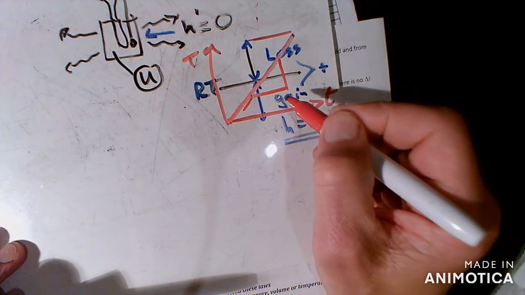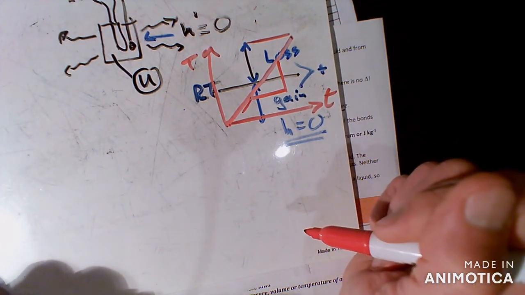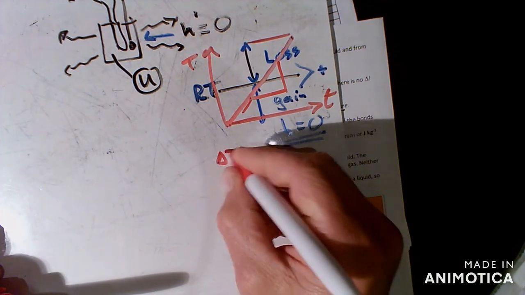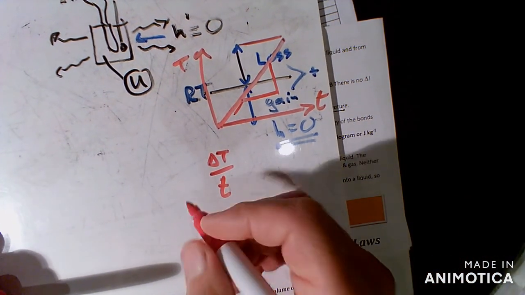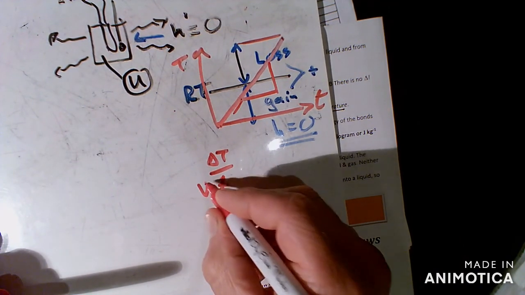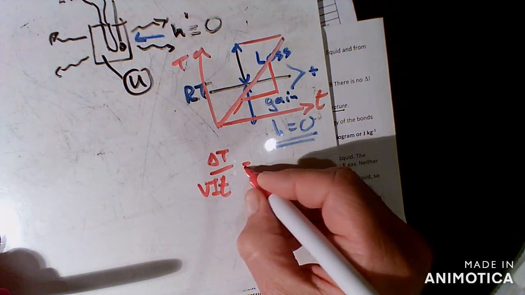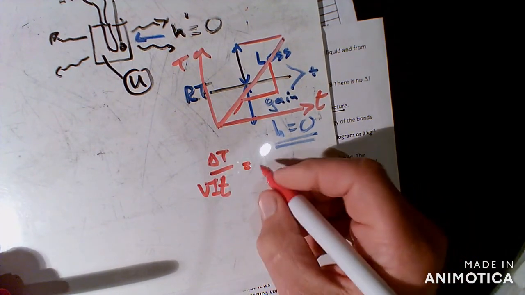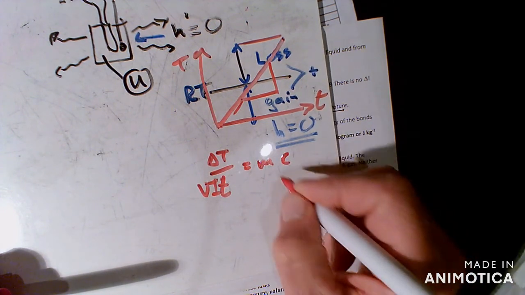By using that gradient you should be able to get a really good value for specific heat capacity. So delta T over t, if you multiply that by VI, then that's electrical energy going in, so energy over time, and we then need the specific heat capacity after putting in the mass.